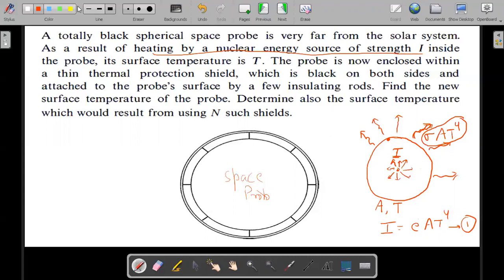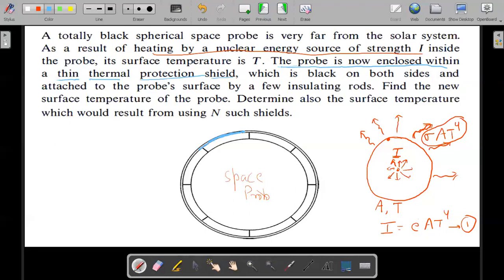Now, if you further read this problem, after a certain time, that spherical probe is now enclosed within a thin thermal protection shield. This spherical object is the thermal protection shield around this probe.